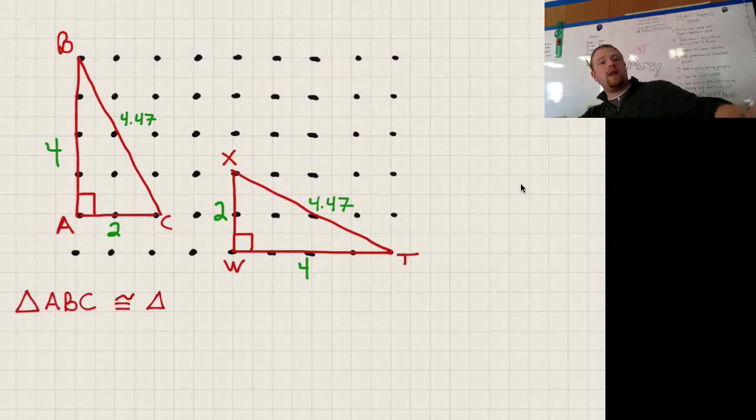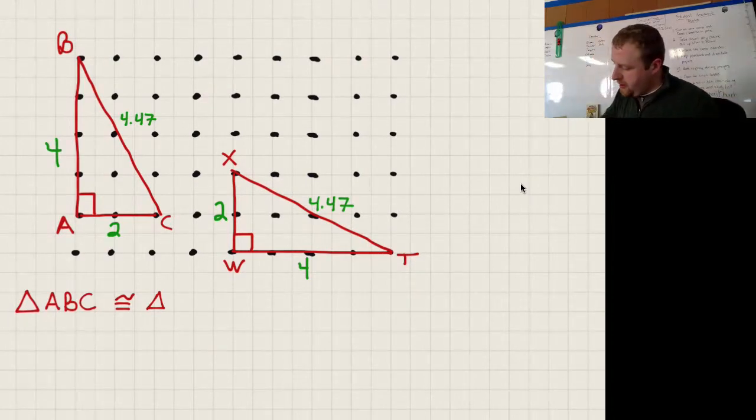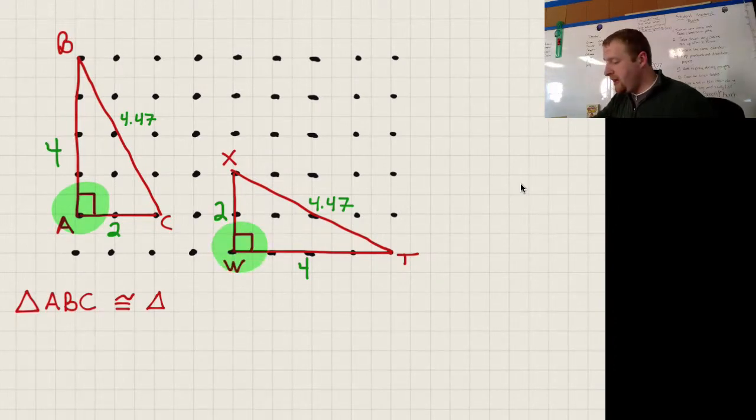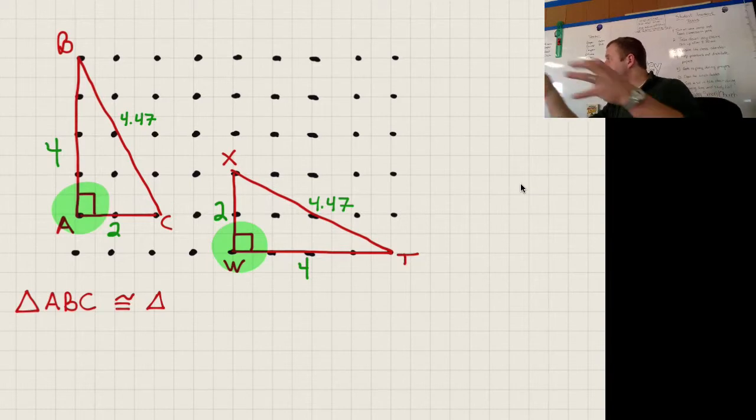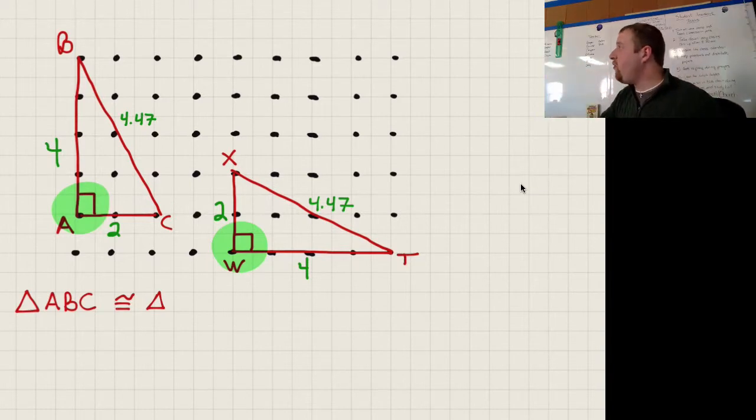So if you look at that first triangle, you see that A is located at this right angle. Then you try to find the right angle on the other one, and you realize, hey, there it is. So A and W must be in the same spot in the naming scheme. If I named A first, then I'm going to have to name W first. So I'll start with W.